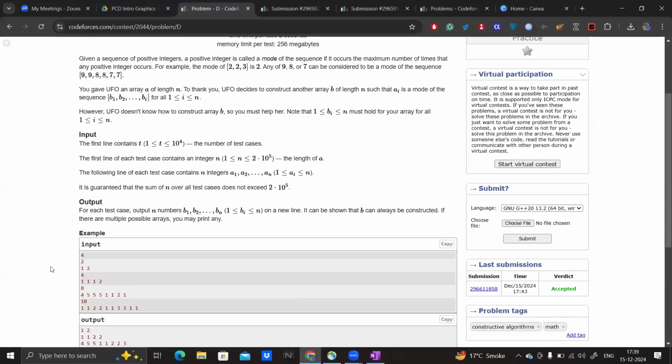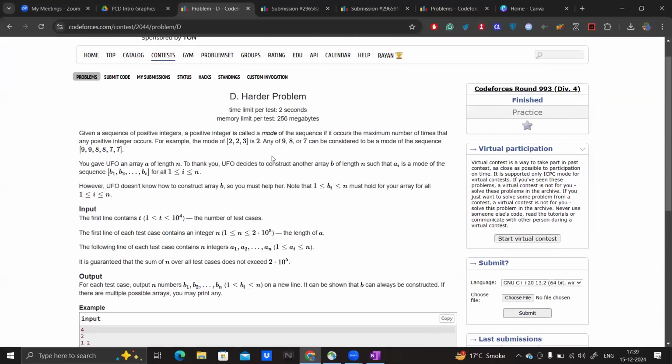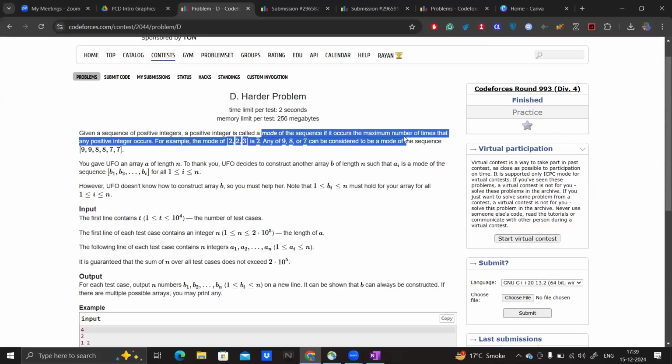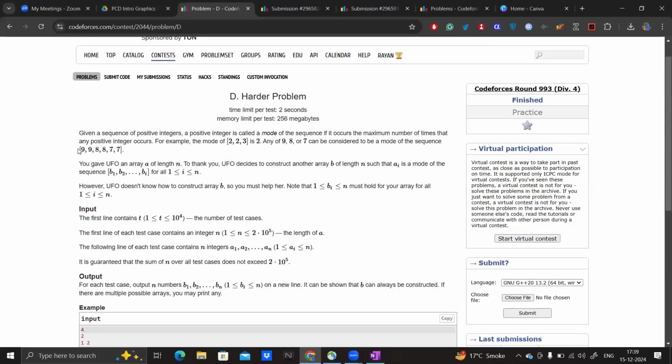The intuition is that the definition of mode is actually very loose. The mode of the sequence is any number that occurs the maximum number of times. For this array, all frequencies are 2, so any of them can be called a mode. So actually this is very loose, right?